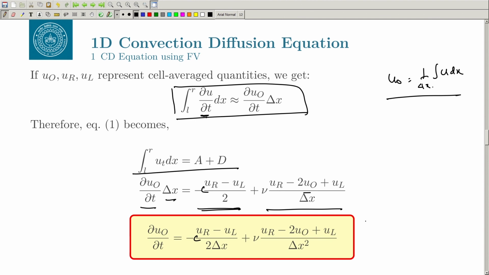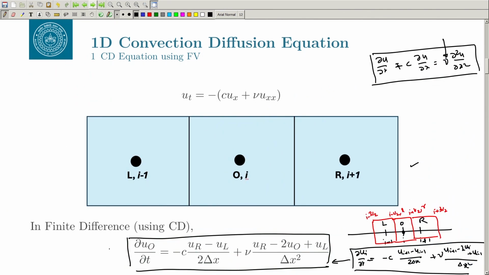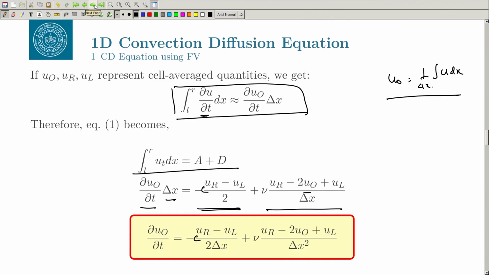You can go back and compare this with the finite difference expression. The finite difference expression also gives you the same thing, right. So if the grid is uniform one-dimensional, then the finite difference and finite volume basically result in the same thing, for 1D uniform grid.